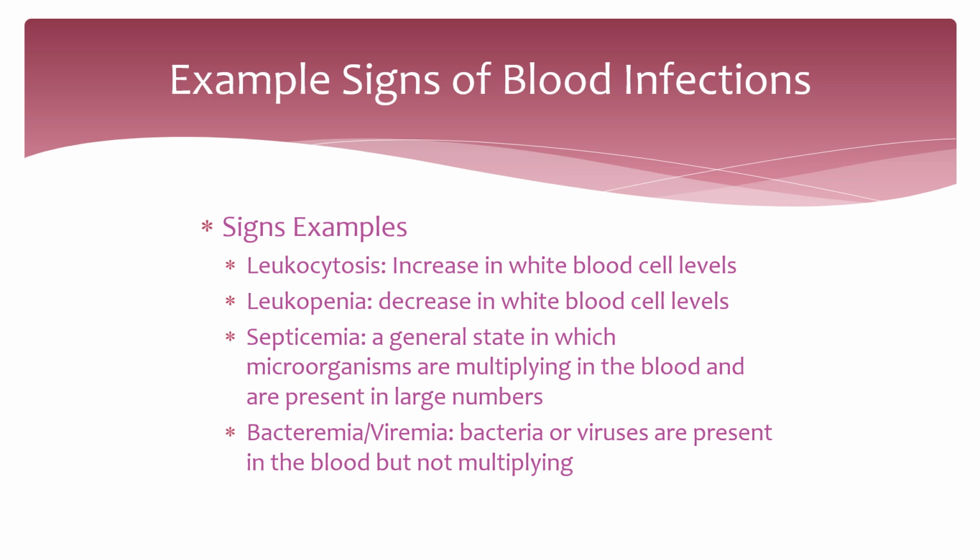So leukocytosis, septicemia, bacteremia, or viremia. We can measure the amount of white blood cells or the amount of bacteria or viruses present in the blood. Remember, signs we measure, symptoms we feel.